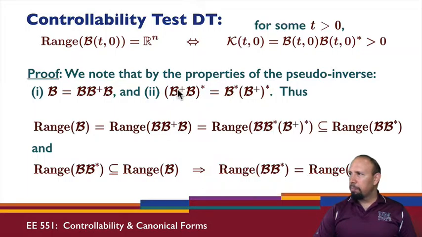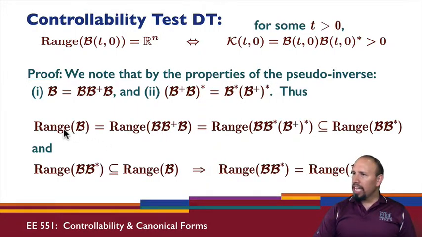Another property says that B pseudo-inverse B is self-adjoint. Okay, this is self-adjoint, and so the adjoint of this is given by this. So anyway, this is just the adjoint of this, but it's self-adjoint. So in other words, this quantity itself is also equal to this.